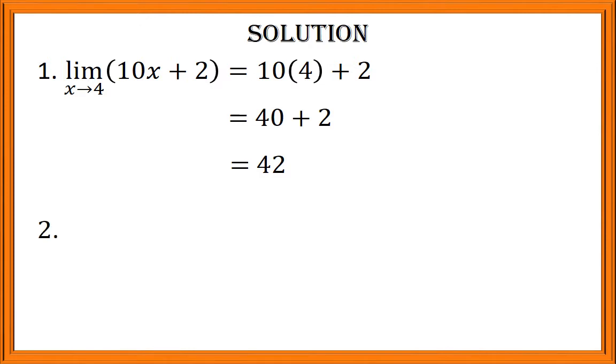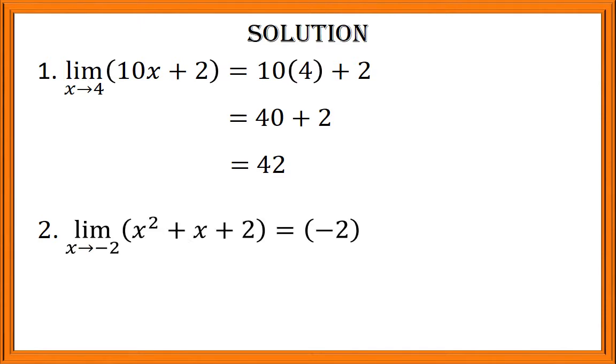Now the second example, where we have the limit of x squared plus x plus 2 as x approaches -2. This one too, we just substitute -2 in place of x. So this gives us (-2) squared plus (-2) plus 2.